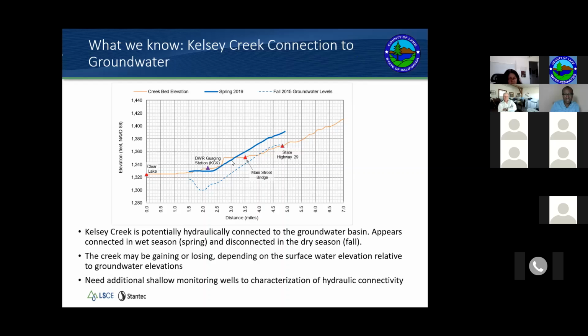We'll talk about the model calibration itself. It shows this groundwater elevation here in the spring. It's fairly high, and this is the groundwater. This is the creek bed, right? So just looking at this, you anticipate some water coming not just from the bottom of the creek, but also seeping in from the side. There is some amount of connectivity and some contribution to the creek.